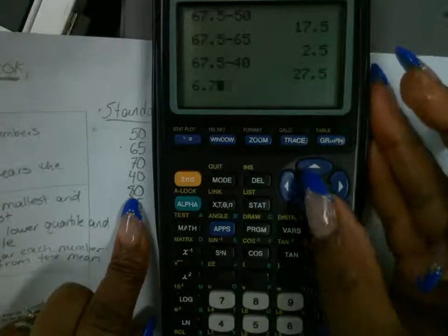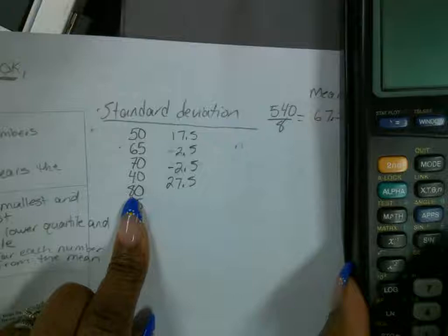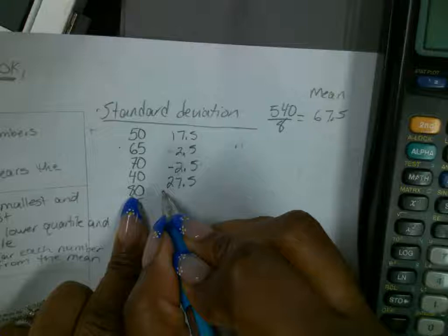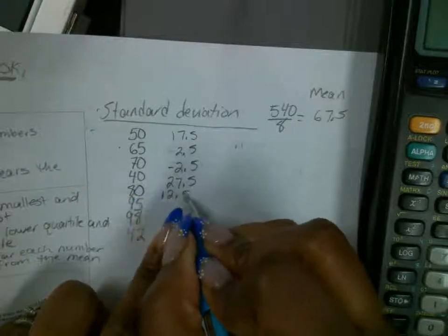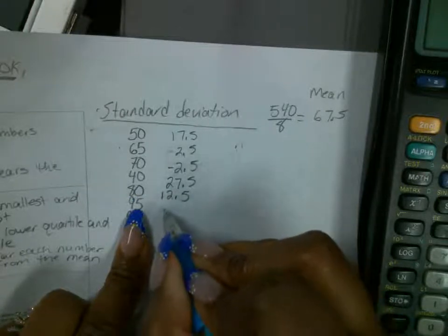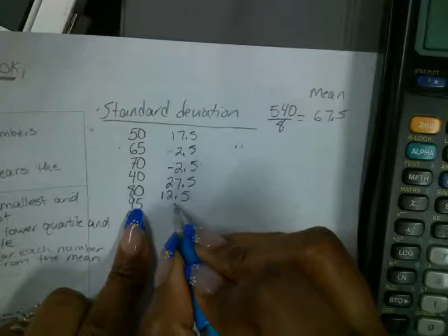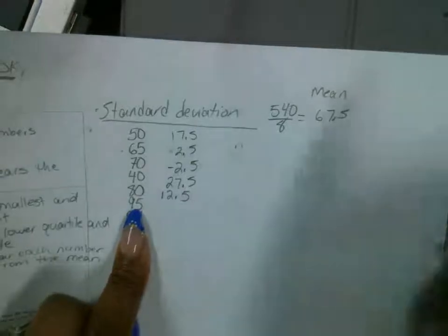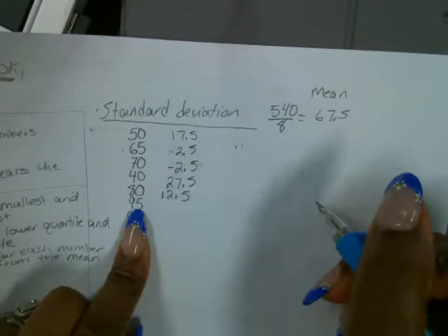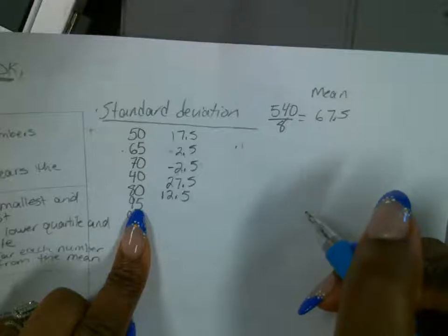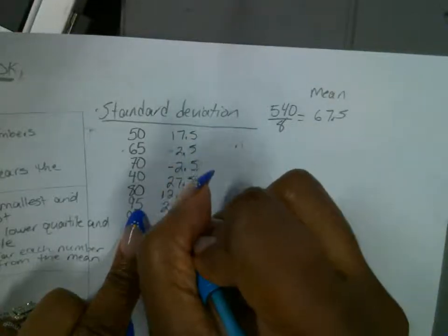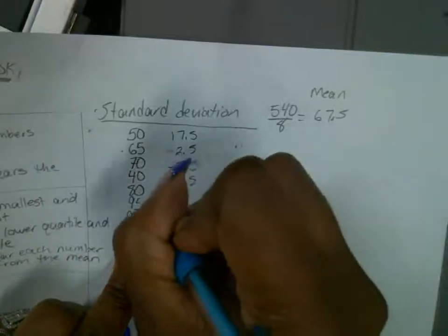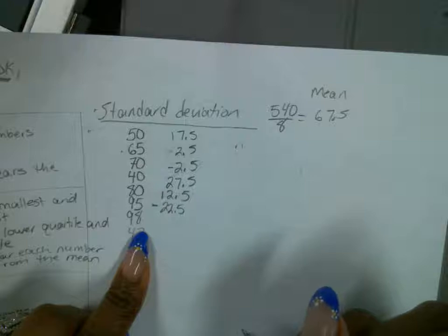Let's do this one. 67.5. It would be 12.5. What's 95? Wouldn't those be negative? What would that be? It would be 22.5. And what about 98?